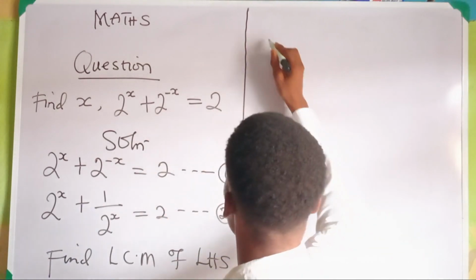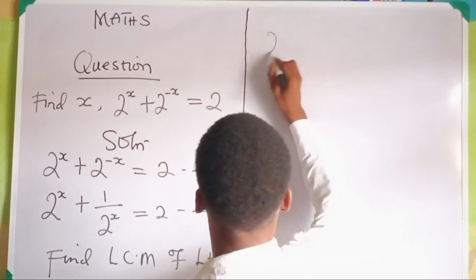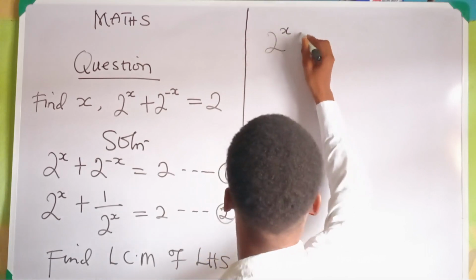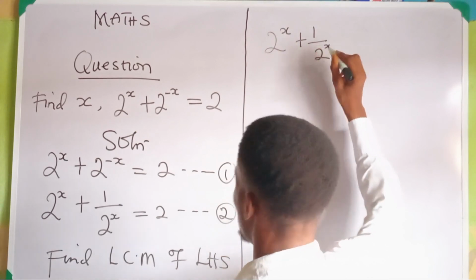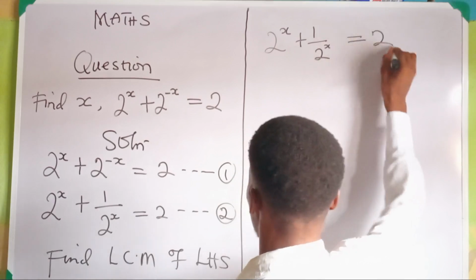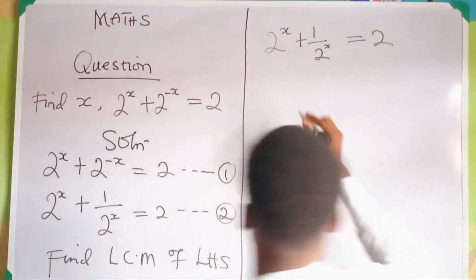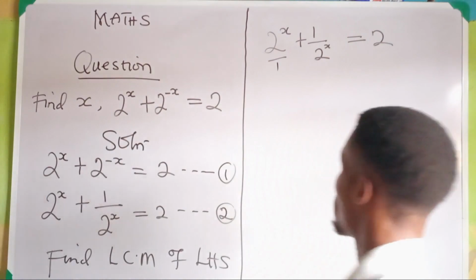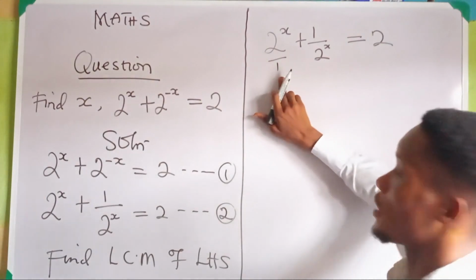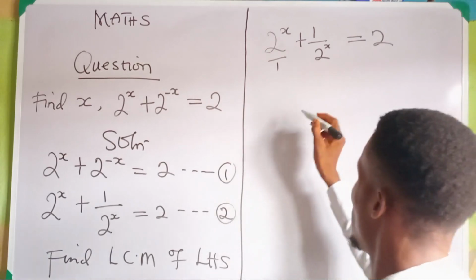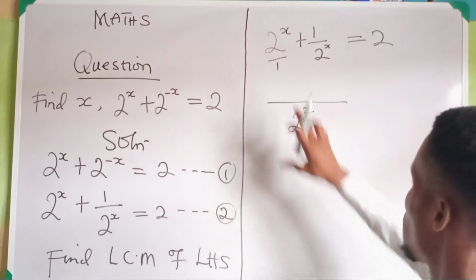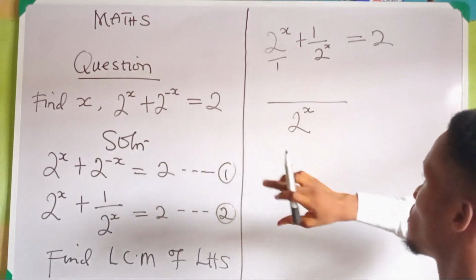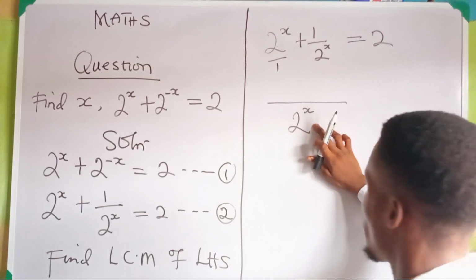That is going to give us 2^s + 1 over 2^s = 2. So we can say 2 over 1. What's the LCM of 1 and 2^s? The LCM is 2^s. That's the LCM. If this is divided by this, we are going to have the same 2^s.